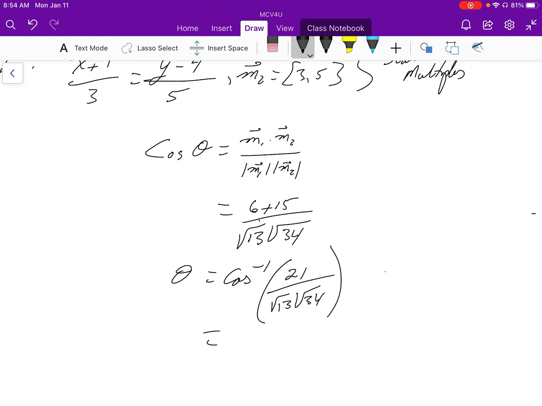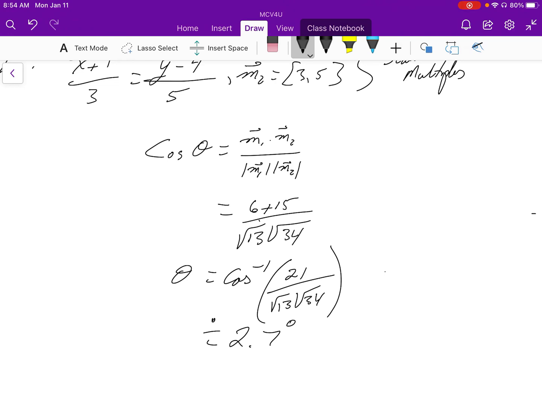It looks like we have a nice small angle, approximately 2.7 degrees. Small little angle. So that's how we find our angles.